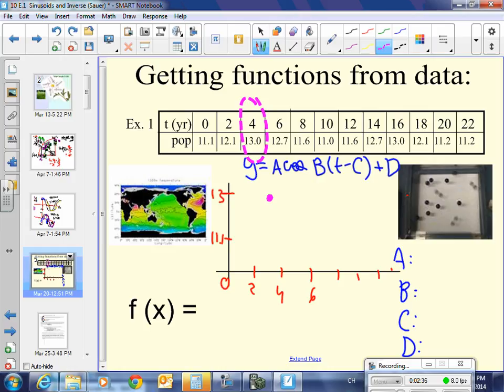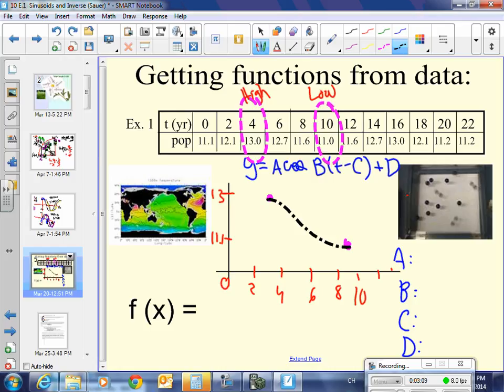Now, where do you see a low? After this, do you see a low? Year 10, right? And so here's my high, and here's my low, with year 10 being my low. If I sketch that, it's going to be kind of like that.